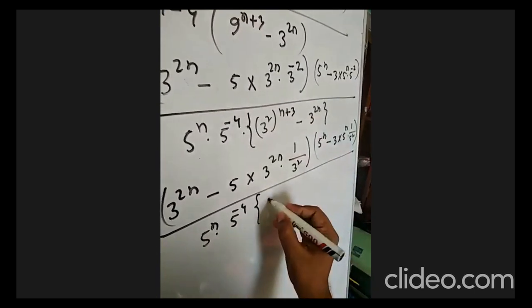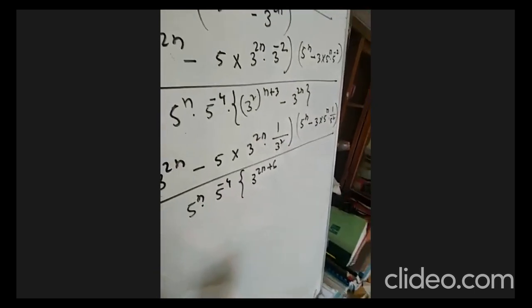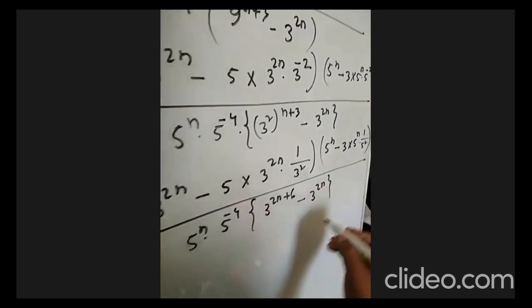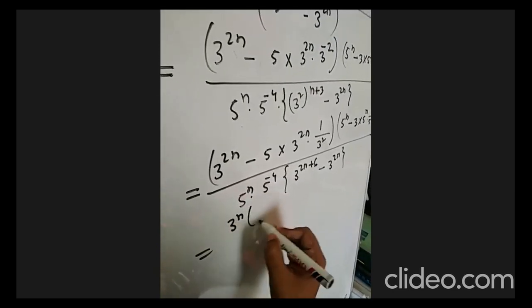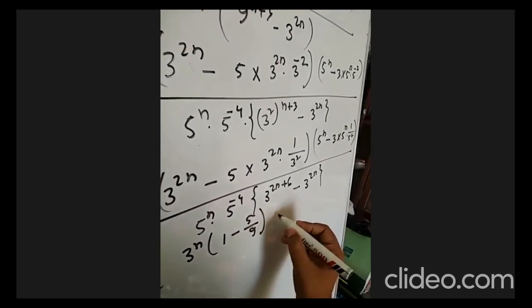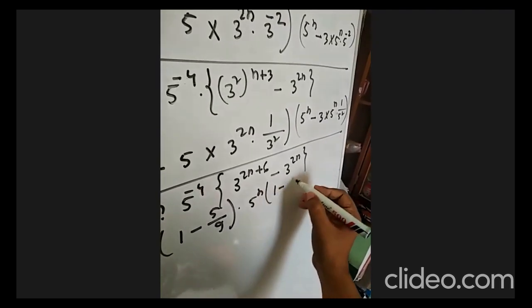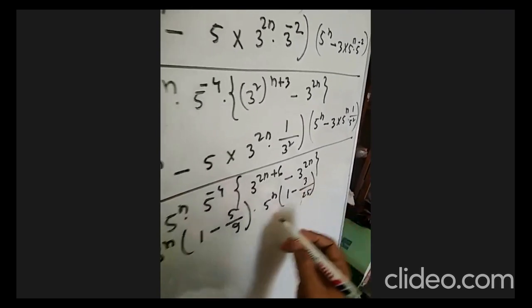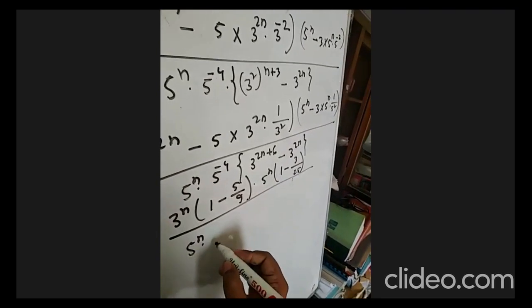This power will be twice n plus 6 minus 3 to the power twice n. This 3 to the power n, 3 to the power n will be common: 1 minus 5 divided by 9. And this 5 to the power n will be common: 1 minus 3 divided by 25, divided by 5 to the power n.